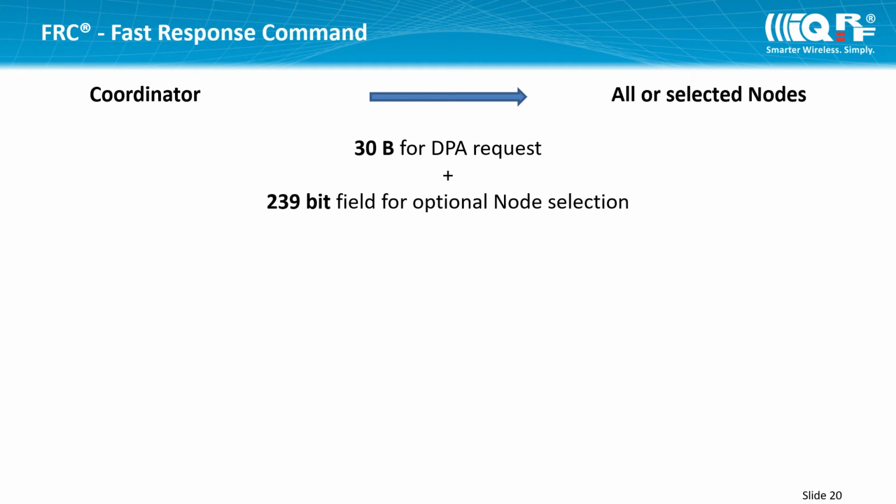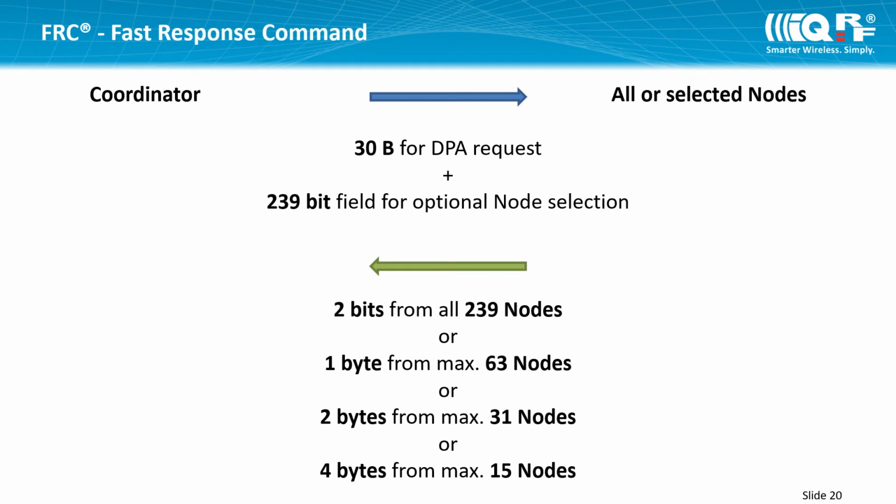The FRC allows to send a request to all or selected nodes and collect the following data: 2 bits from all 239 nodes, or 1 byte from up to 33 nodes, or 2 bytes from up to 31 nodes, or 4 bytes from up to 50 nodes. The limitation is given by the internal RF buffer size, that is 64 bytes.